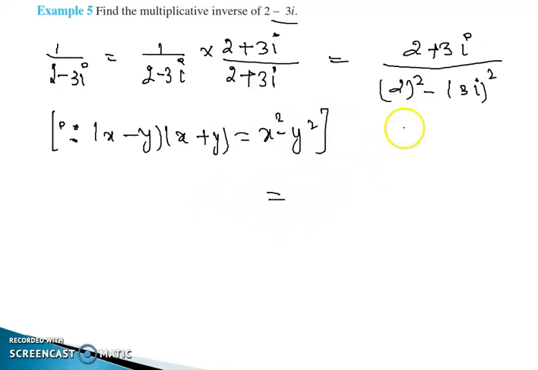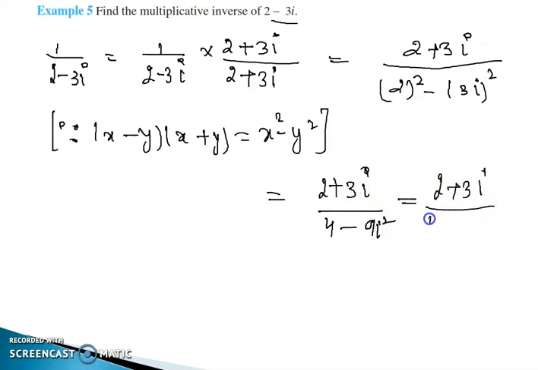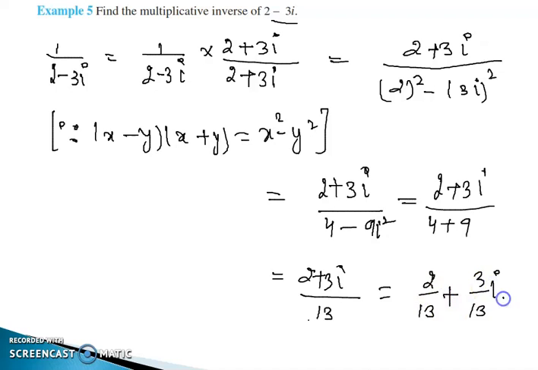So now we will simplify. It will be 2 plus 3 iota upon 2 twos are 4, minus 3 threes are 9 into iota square. Iota square you will put as minus 1, so it will be plus 9. So it will be 2 plus 3 iota upon 4 plus 9, which is 13, which can be written as 2 by 13 plus 3 by 13 iota.